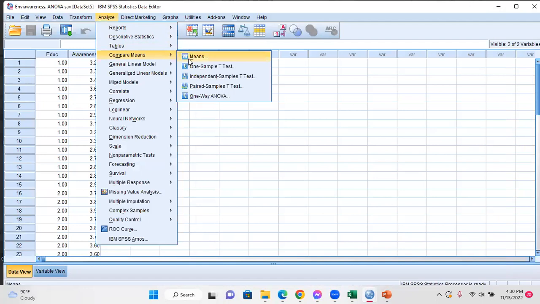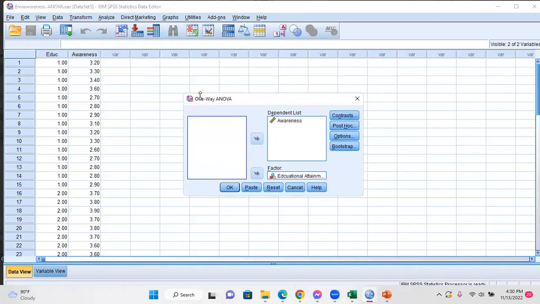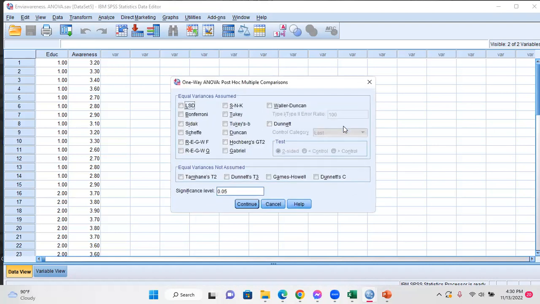Compare means, one way, reset pa. Awareness, then educational attainment, and then we click on post hoc. Yan. Kita ninyo si Dunnett T3? Click mo yan si Dunnett. Huwag mo nang pakialaman yung iba.